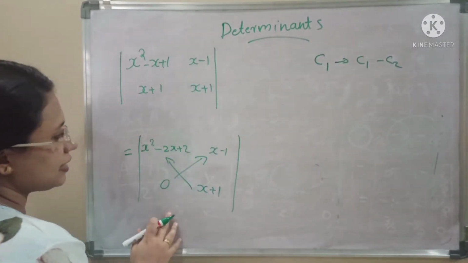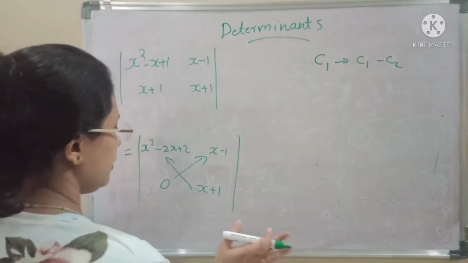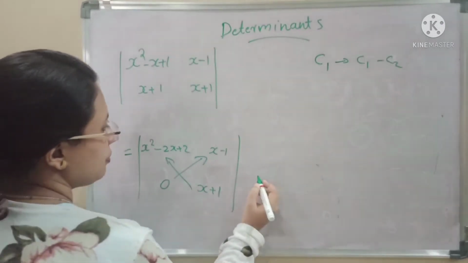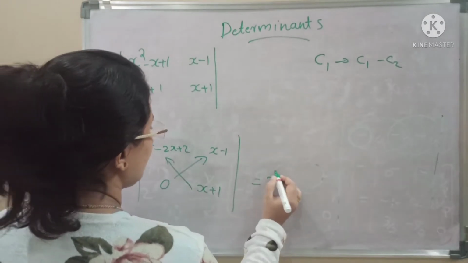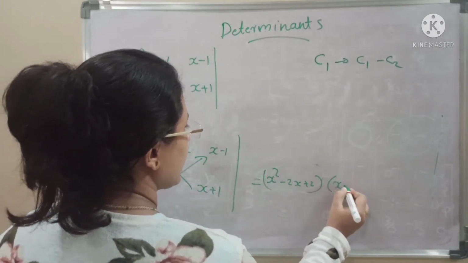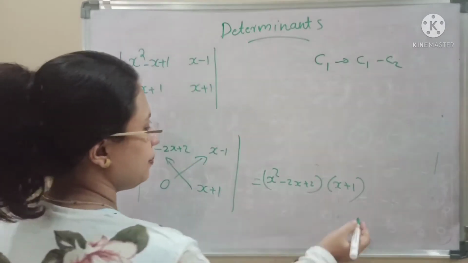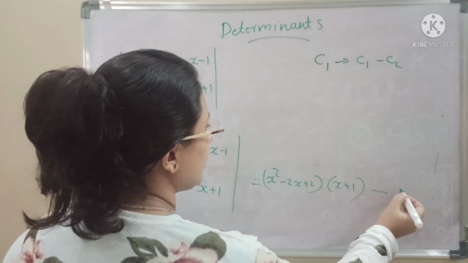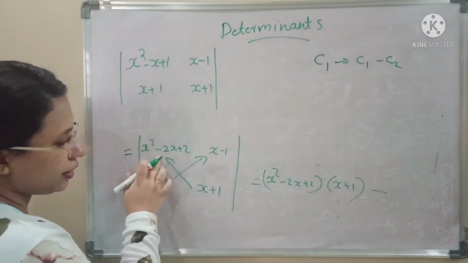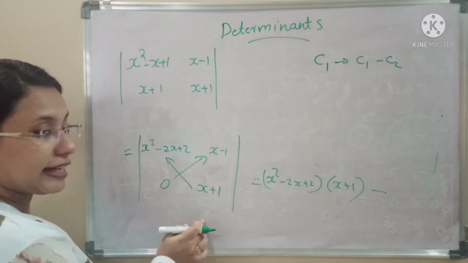So in this case, our next step, which will be the same for all square determinants, is x square minus 2x plus 2 into x plus 1. Then 0 into x minus 1 will be minus. Once we multiply one pair, then put negative.